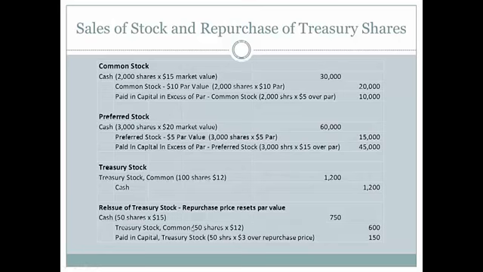Our Treasury stock common is going to be limited to the new reset par value based upon the original transaction when they repurchased it, and the market value as of that date was $12. And so it's going to be 50 shares times $12. And then our paid-in capital Treasury stock will be 50 shares, and it'll be $3 over the repurchase price in order to value the amount that would be booked in the general ledger account paid-in capital Treasury stock.